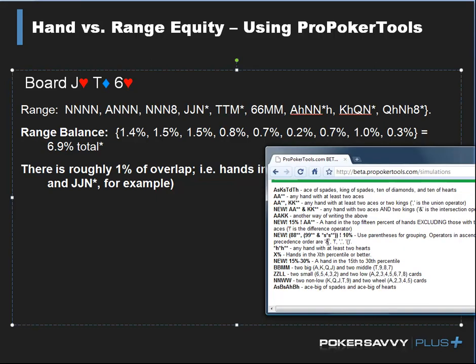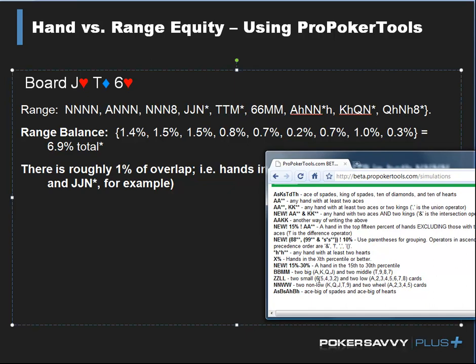Yeah, here we go. So down here at the bottom, you see what these different notations mean. Not all of them are being used in this range, but some of them are. You can use the B notation to represent any ace, king, queen, or jack. Use the M notation to represent any 10, 9, 8, or 7. Z and L are ones that we're not looking at here, but you see what they are.